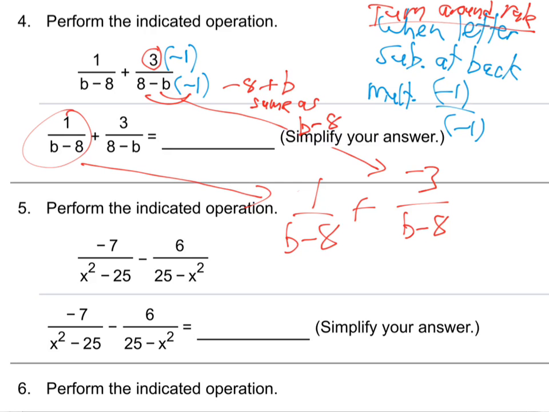You don't have to show all that. You could just say, look, you multiply by -1, it flips it. That's why it flips: if you multiply both of them by -1, it becomes -8 plus b, which is exactly the same as b minus 8. Now you might wonder, why do I say that's the same as b minus 8?